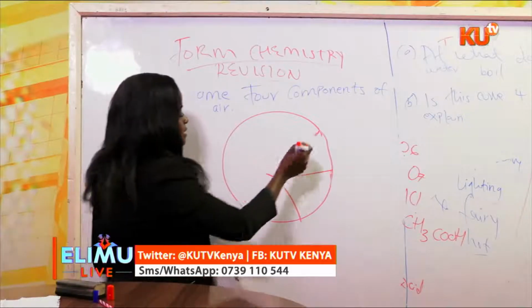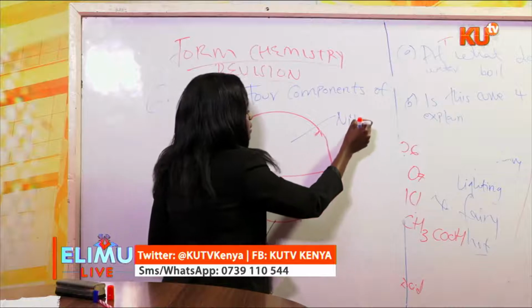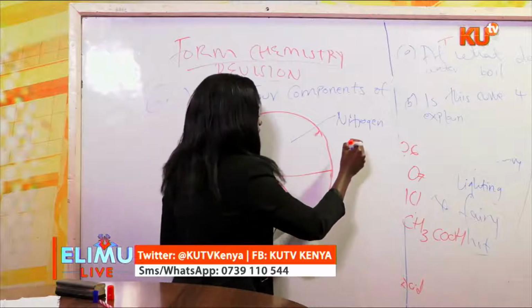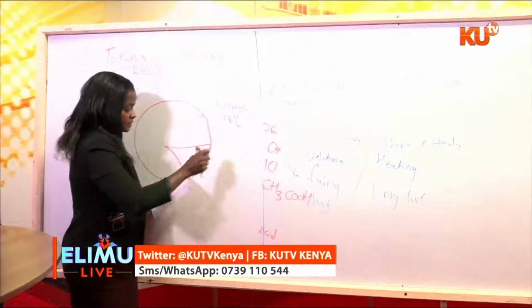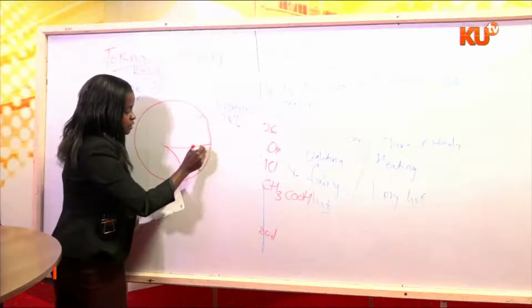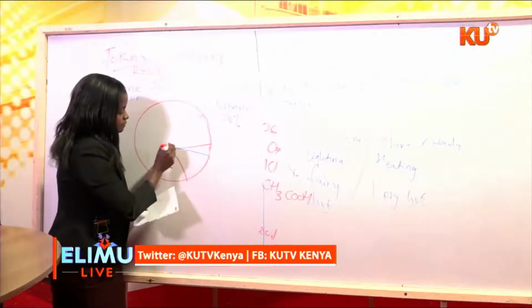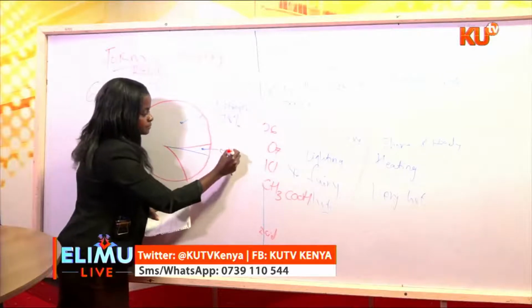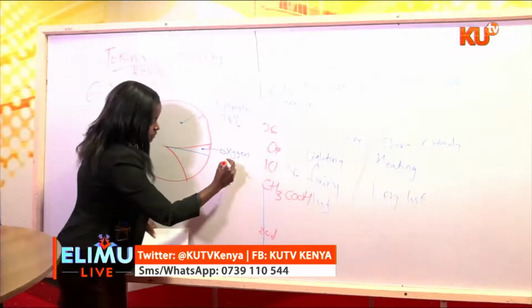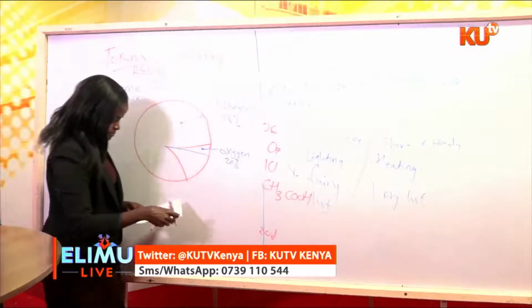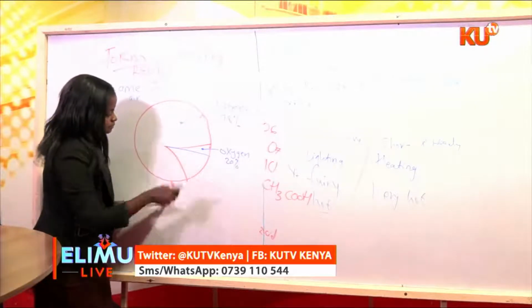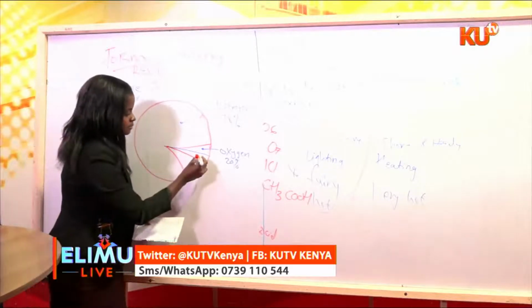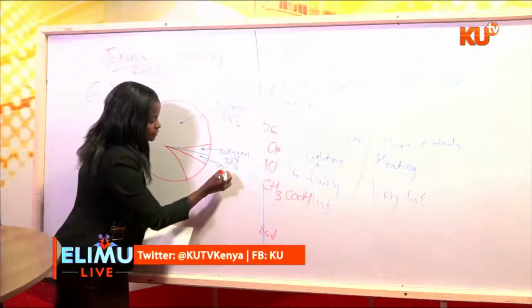The bigger percentage of air component is nitrogen, which goes for 78%. Then we have oxygen, which has 20%. Then we have carbon dioxide.